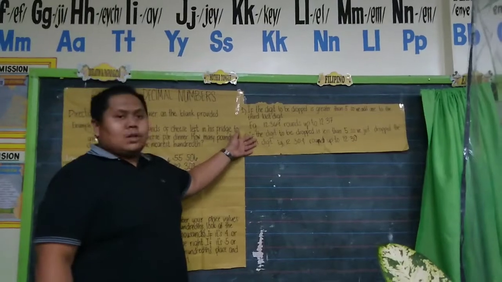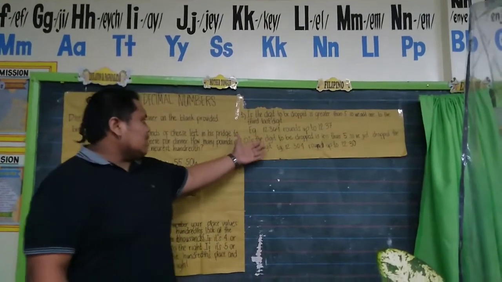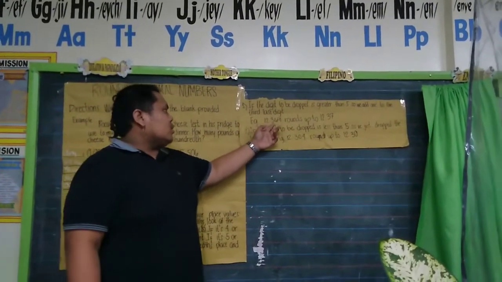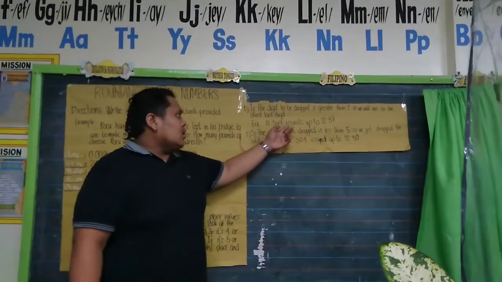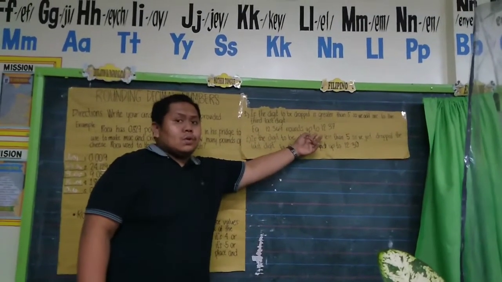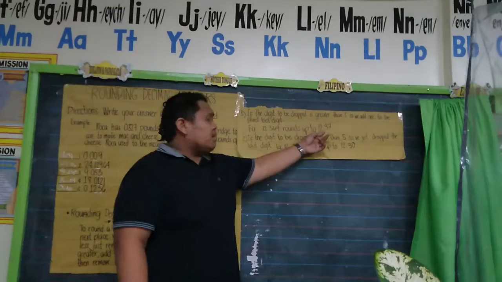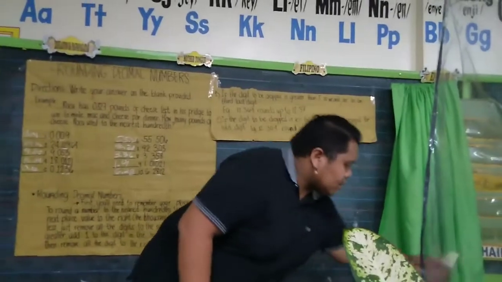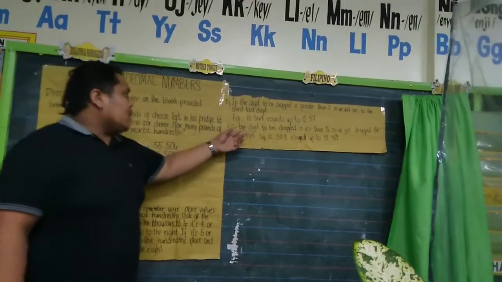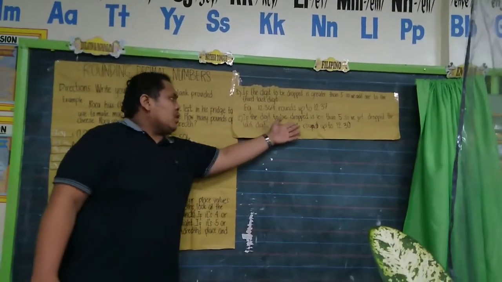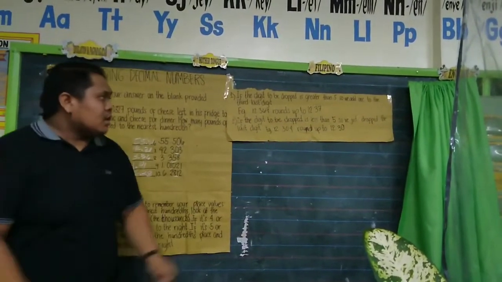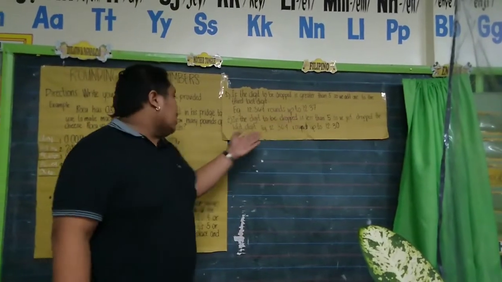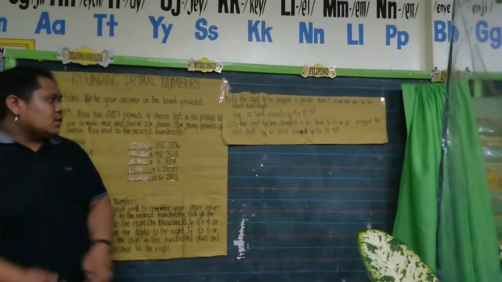Here is an example so that you can grasp the idea. If the digit to be dropped is 5 or greater, we add 1 to the hundredths place digit. For example, 12.369 rounds up to what? 12.37. You are correct. Now, if the digit to be dropped is less than 5, we just drop it.